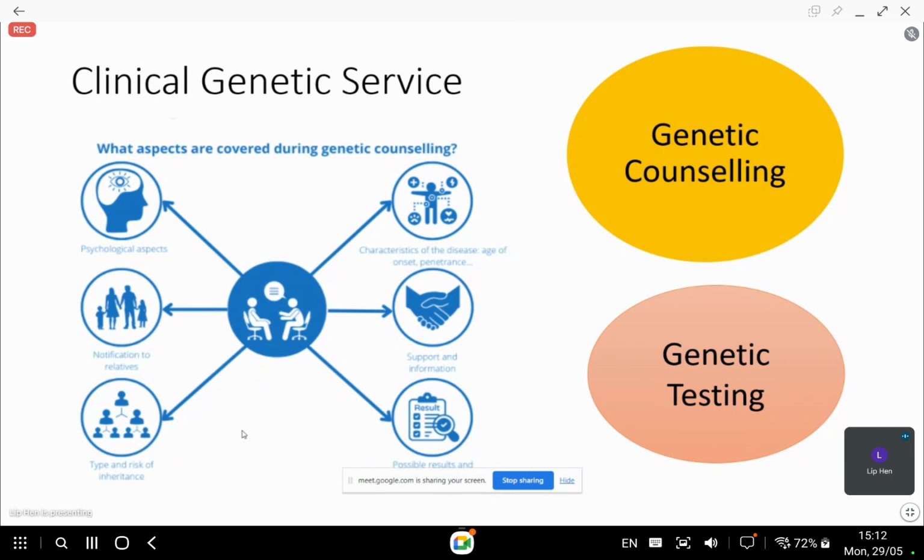Besides taking history and examination, we explain what types of tests are available and which are the suitable tests that can be offered to the family. When we have the result, we talk about the inheritance, and we also provide support and psychosocial support. It's also important sometimes to do genetic testing and counseling of other family members.